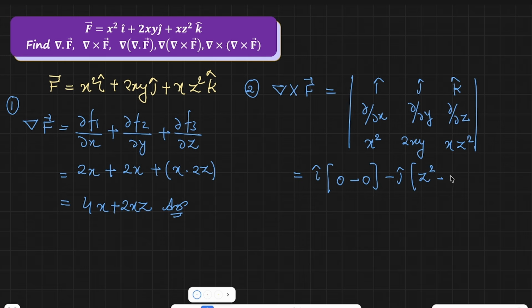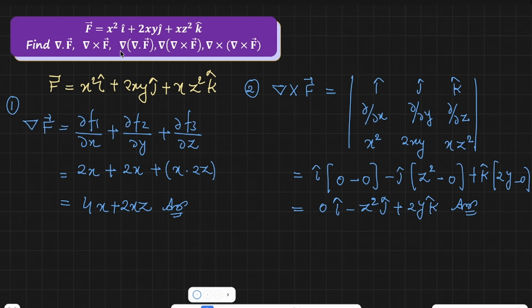Here if I take the other term, this will be 0. Then again plus k cap: remove this row and this column, the partial derivative of 2xy with respect to x is 2y, and the other term is 0. So this will be 0 i cap minus z square j cap plus 2y k cap. So this is the curl of this.